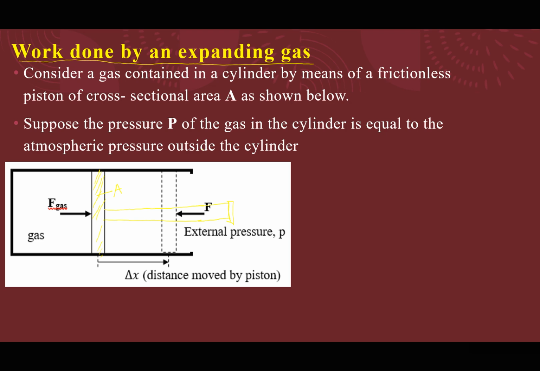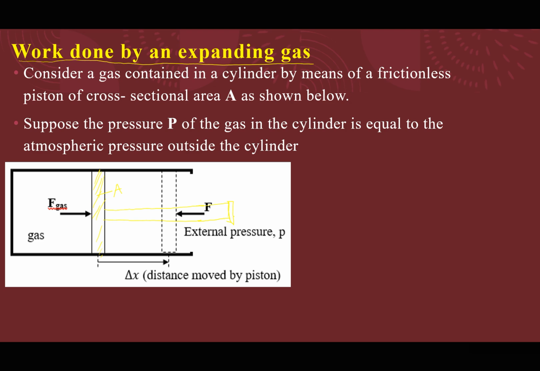Suppose the pressure P of the gas in the cylinder is equal to the atmospheric pressure outside the cylinder. So if the pressure of the gas is higher, it is going to push the piston until a point where the pressure of the gas inside the cylinder is equal to the external pressure or the atmospheric pressure outside the cylinder. So it means the force exerted on the piston by the gas is going to be the same as the external force outside.